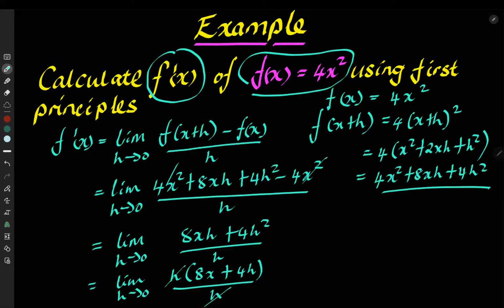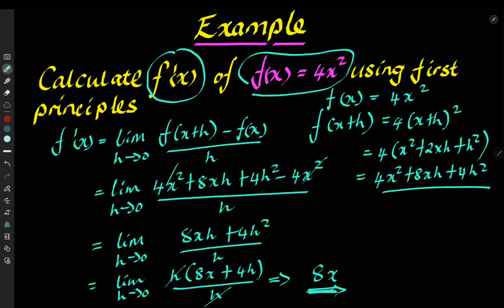Then the h's will cancel. Then in the last step, we substitute h for 0, because we are saying h approaches 0. So we substitute h for 0, and then the answer will just be 8x. So what it means is that the first derivative of the function 4x squared using first principles is 8x. And I hope that makes sense.